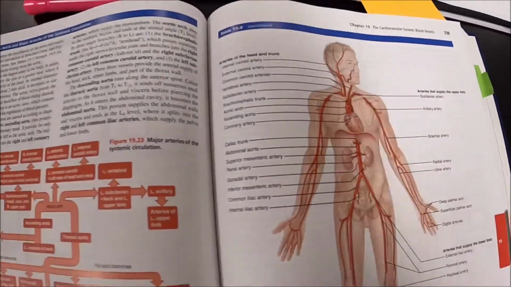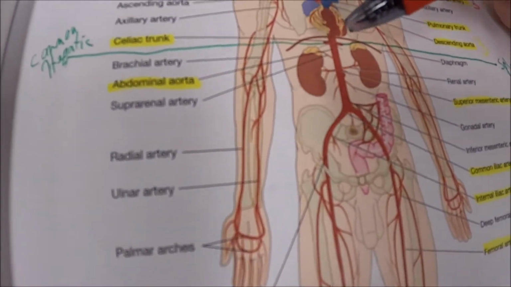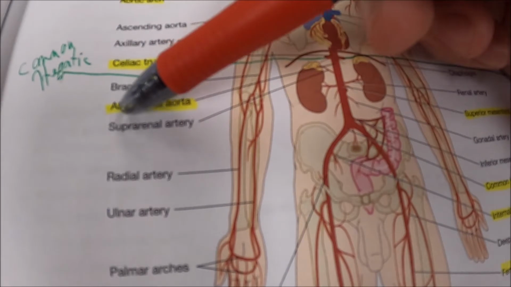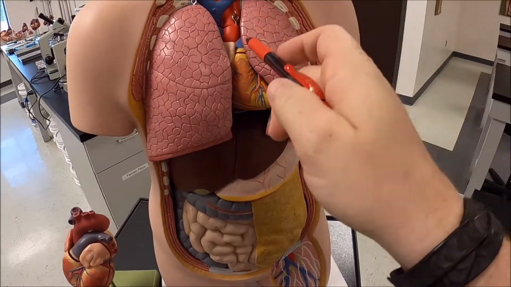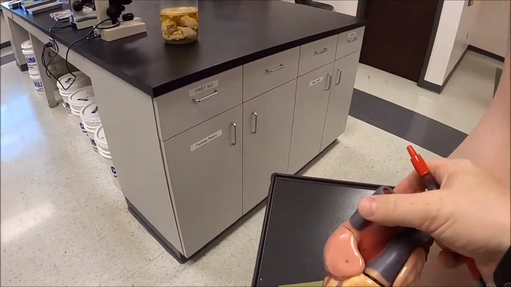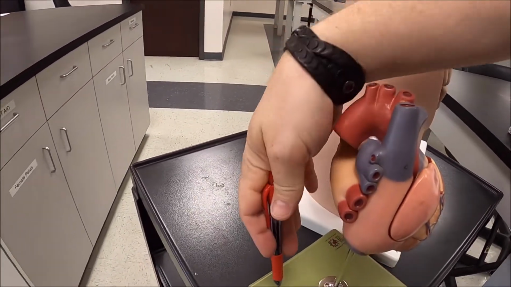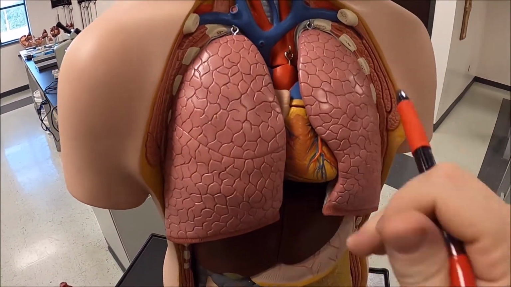It's not even labeled here, but that's what it is. It's the descending thoracic aorta, and that's going to become, as you go down, the descending abdominal aorta, and you'll be able to follow this all the way down because the aorta goes in behind the heart and then travels down the spinal cord. All right, so there's your heart, here are your lungs.